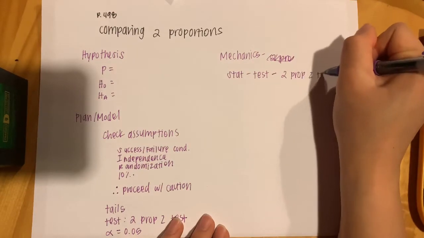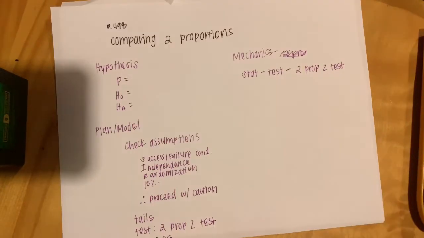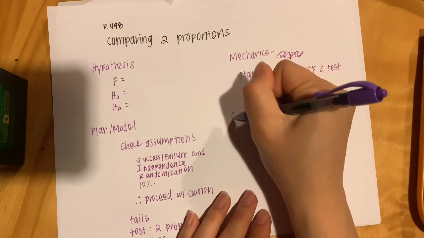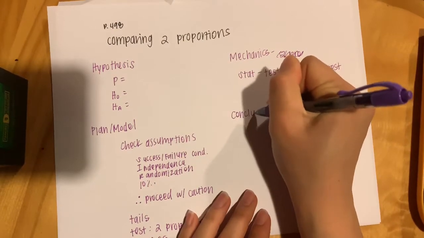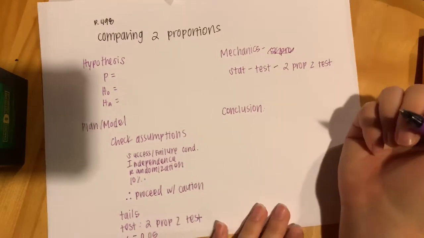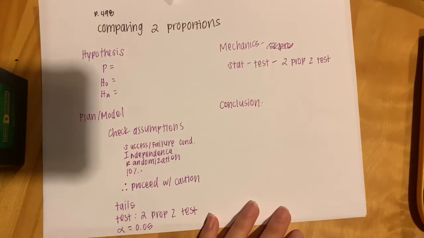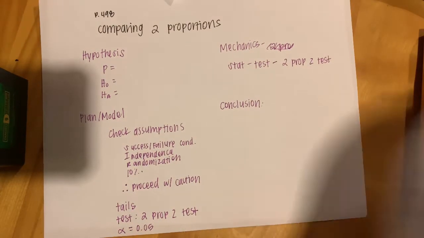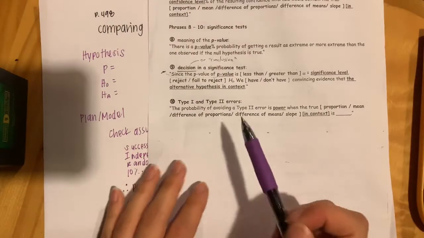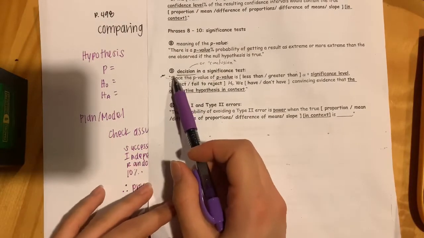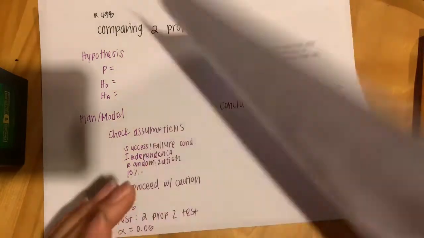And then finally, after we're done with that, we're just going to write a conclusion, which will either fail to reject or reject the null hypothesis. And again, it's going to be in that formula sheet that Mr. Foucault gave us. And it's going to be number 9, decision and significance test.